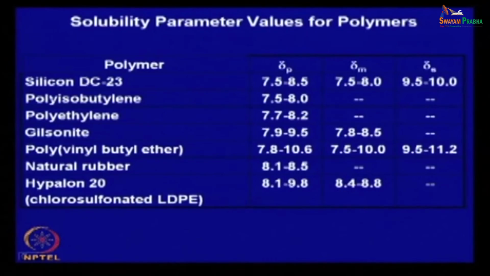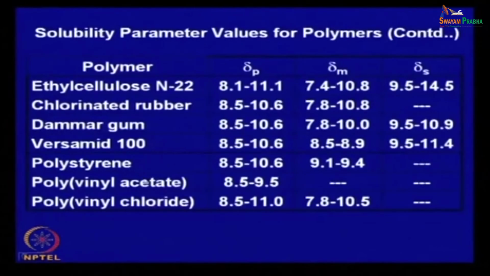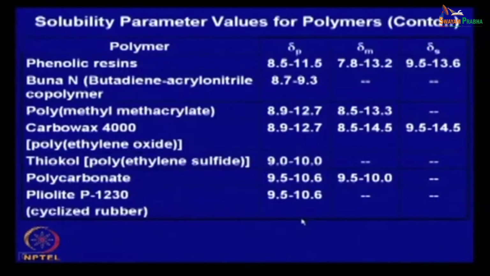Silicone is one grade, polyisobutylene, polyethylene is a trade name of a polymer, polyvinyl butyl ether, natural rubber, Hypalon, which is chlorosulfonated polyethylene, and then other polymers, ethyl cellulose, chlorinated rubber, damar gum, Versamid, trade name, polystyrene, polyvinyl acetate, polyvinyl chloride, phenolic resin, nitrile rubber, PMMA, Carbowax, polyethylene oxide, polycarbonate, cyclized rubber.